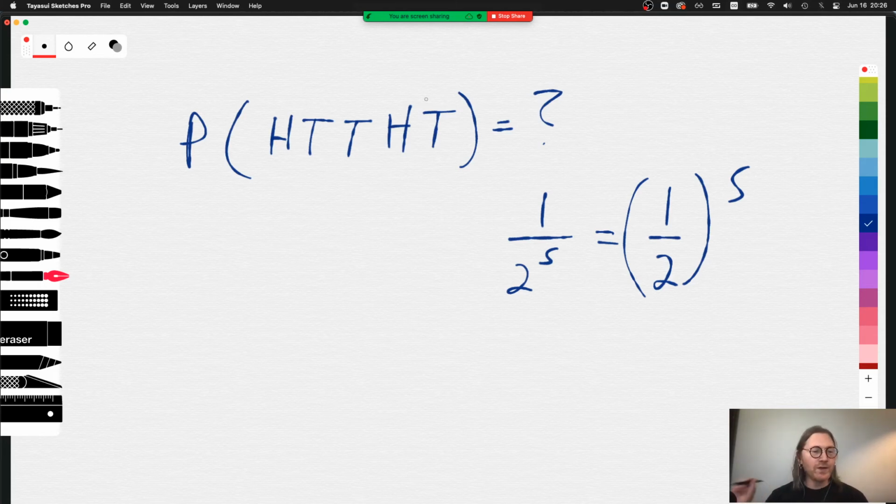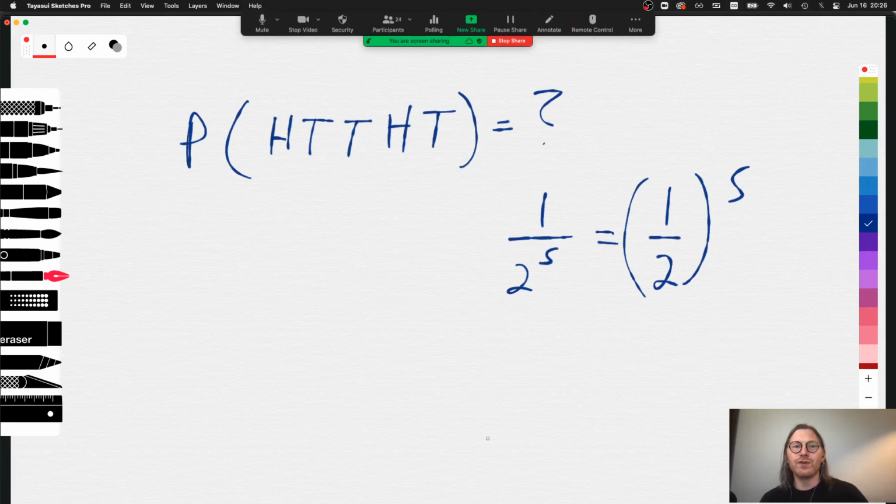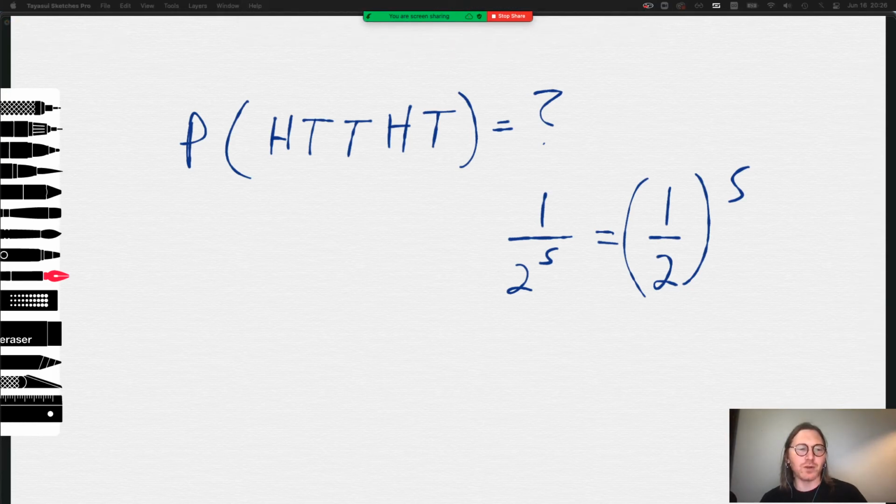So this is one type of question. What is the probability of getting this specific outcome? This is one instance out of all those instances, right? There's another type of problem that looks sort of like this, but you're going to have to be careful with it.